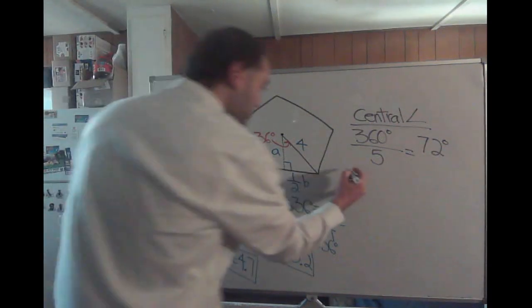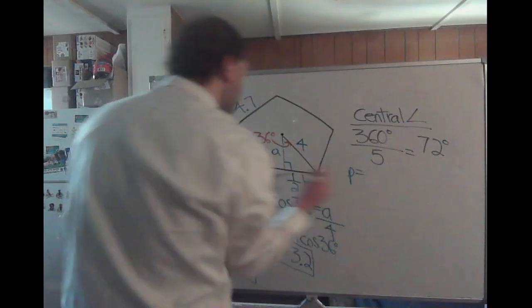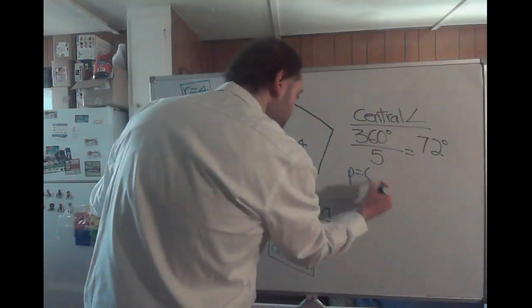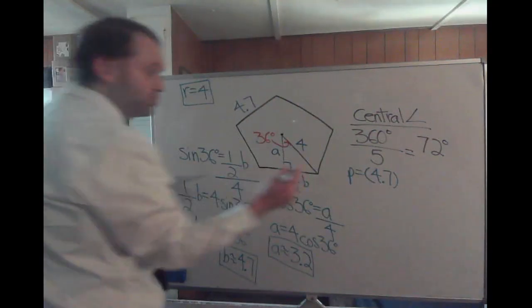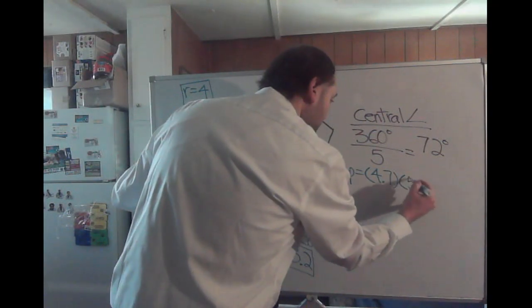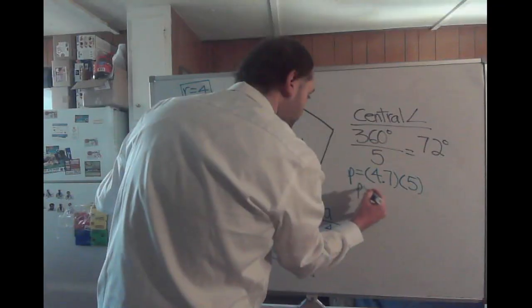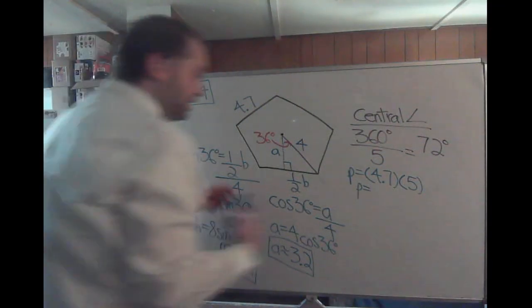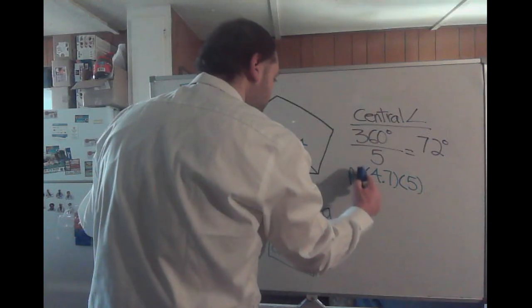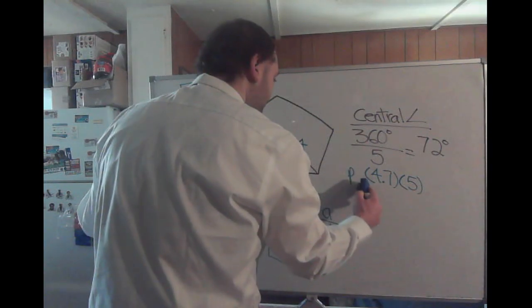The perimeter is going to be equal to the length of one of your bases, which would be 4.7, times the number of sides, which would be 5, which therefore means the perimeter is approximately equal, because we were approximating with trigonometry.